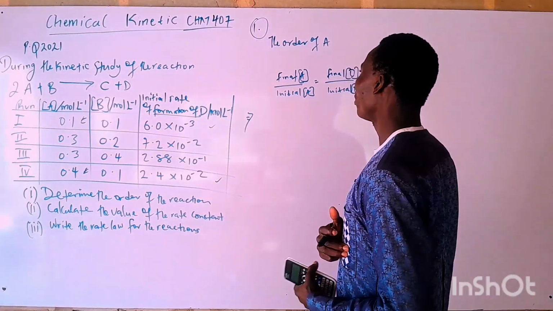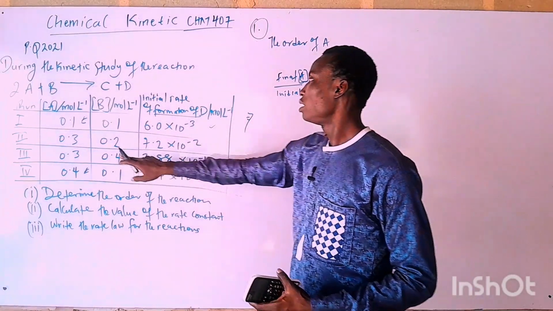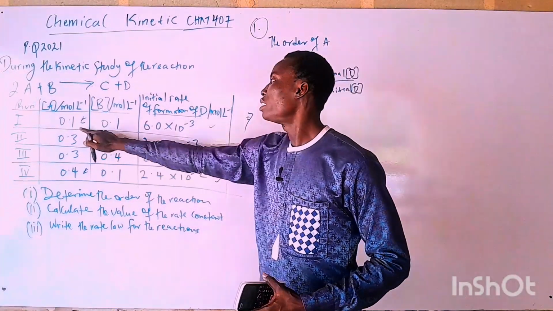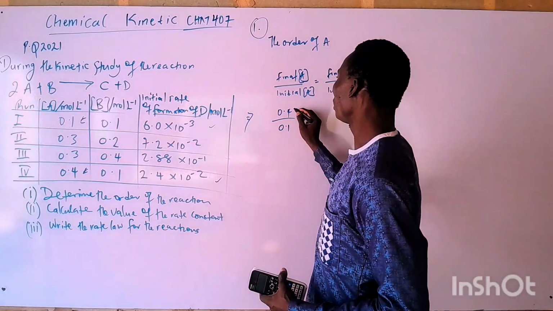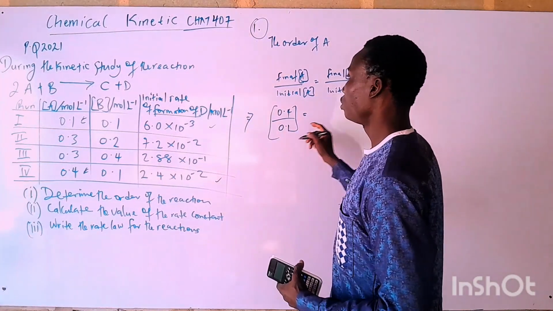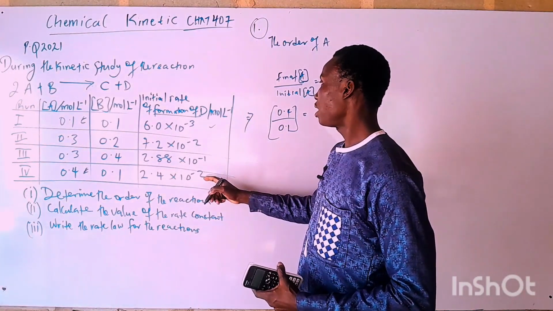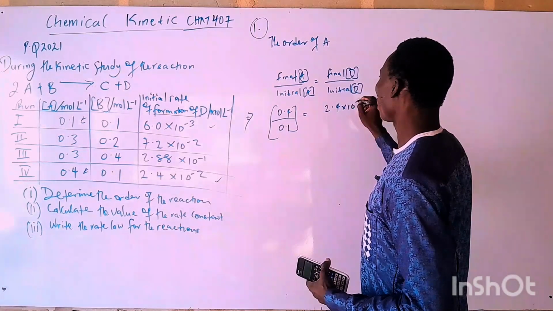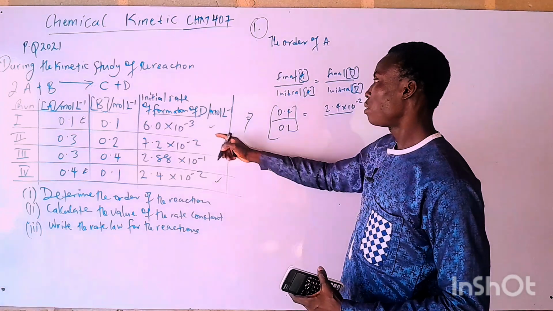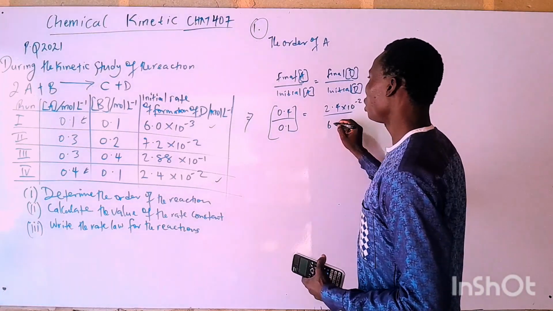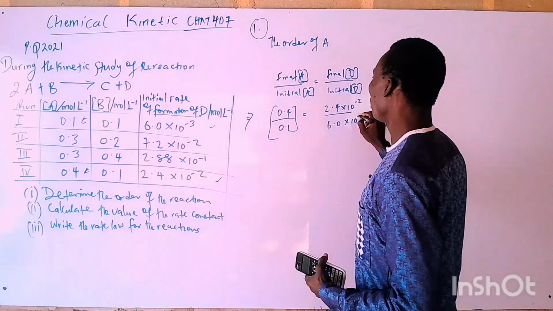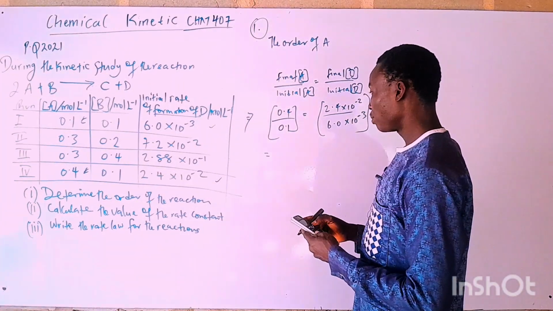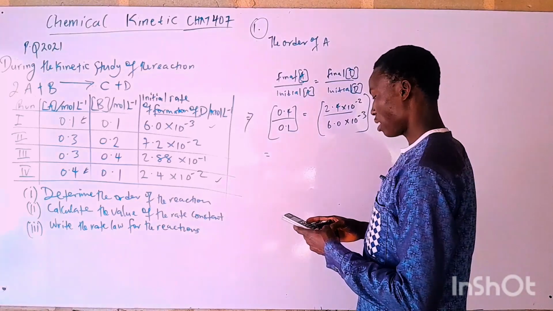So what are we going to have there next? From this place, the final is given to be 0.4 divided by the initial, which is 0.1, equals to, in this place, the final here is given to be 2.4 times 10 raised to power minus 2 divided by the initial, which is 6.0 times 10 raised to power minus 3.